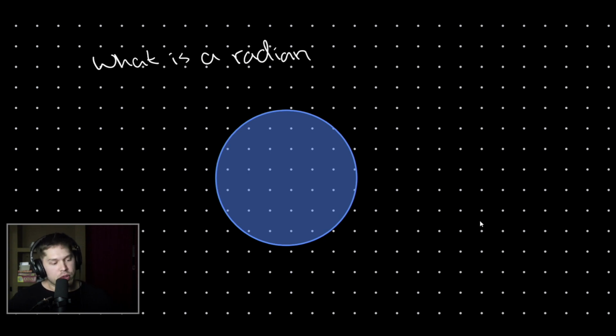So if we have a circle, a radian is simply the angle in which the arc length and the radius are the same. So let's draw a picture.